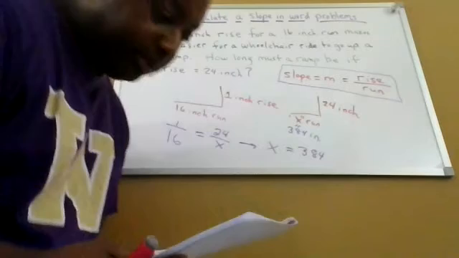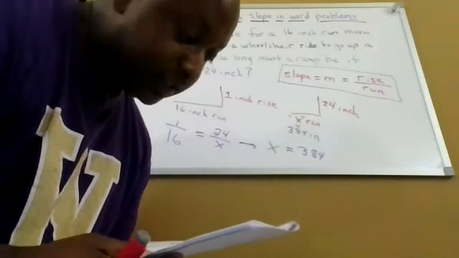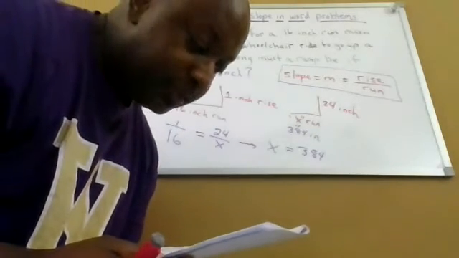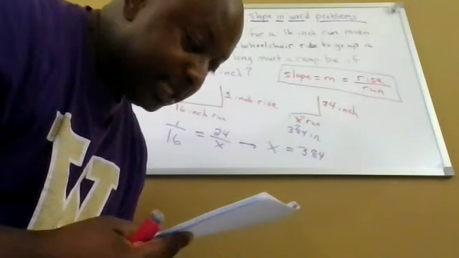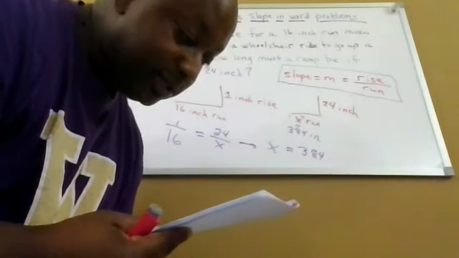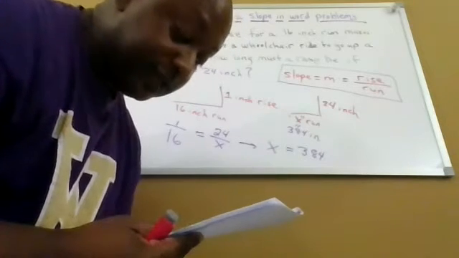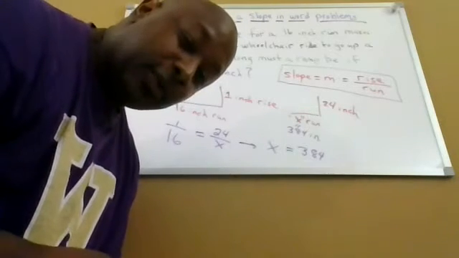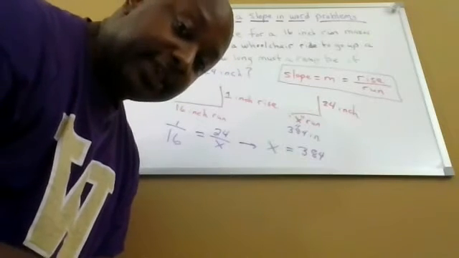Okay, our second problem dealing with calculating the slope in word problems is we want to find the slope of a pipe that slopes down 3/5 inches per foot. And when you hear a word like per, you also want to think fraction.